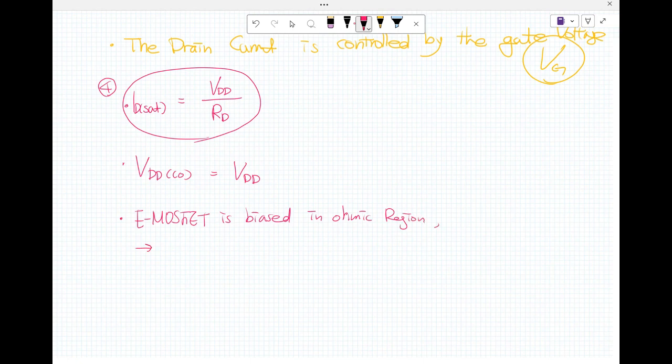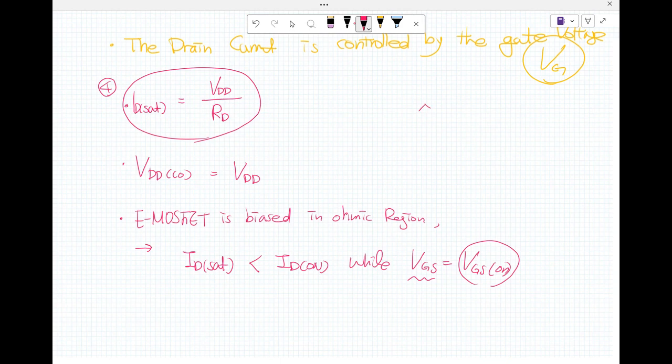That condition should be satisfied: I sub D saturation less than I sub D on, while V sub GS, the gate-source voltage, should be the same. But that was the drain curve, I'm not drawing here. V sub GS is equal to V sub GS on, where V sub GS on means the activated, some specific voltage.